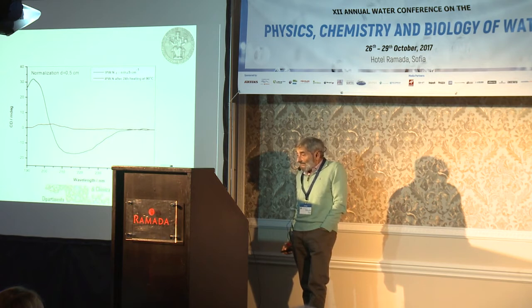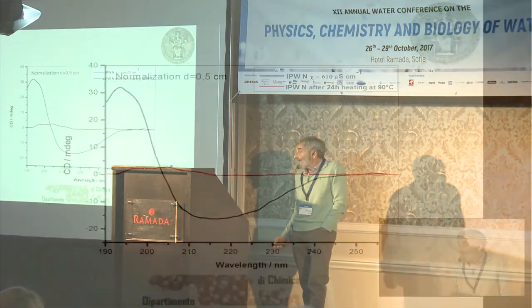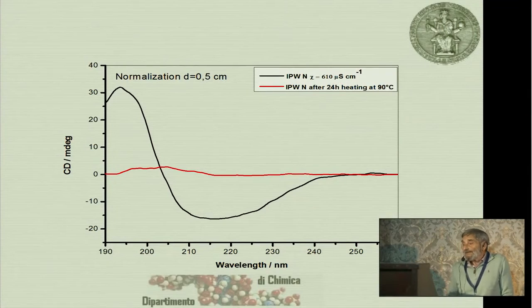In this slide, we show the CD spectrum of the sample, black curve, kept at 90 degrees for 25 hours, in red is flat. We have obtained, but it was needed 24 hours at 19 degrees to denature this unknown macromolecule.